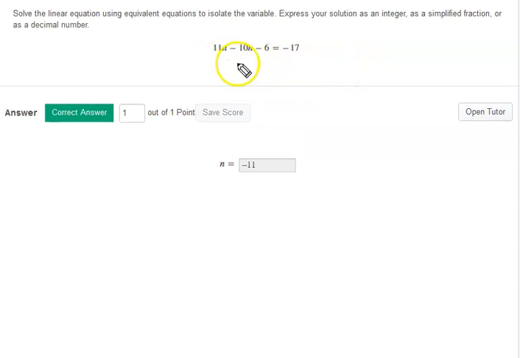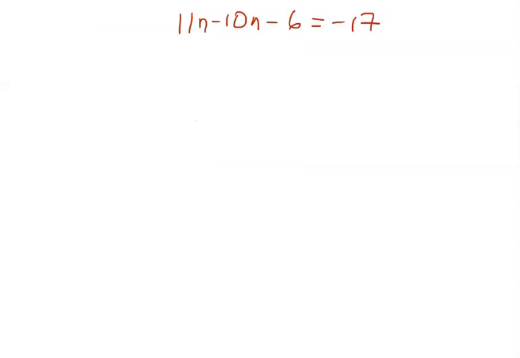For our last example, I know this ran a little long, but we did hopefully review lots of stuff. Write it out. And we'll go to the whiteboard. So here we are collecting like terms. So this just becomes a 1n. Now you could write the 1 while you're doing calculations.